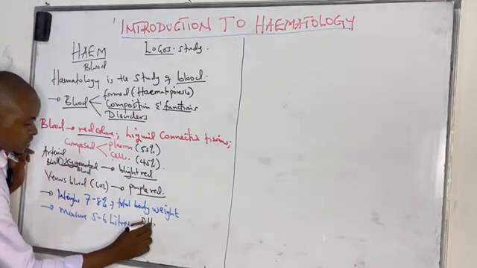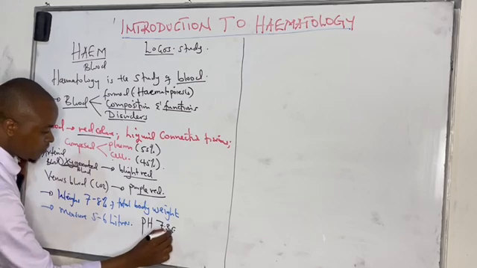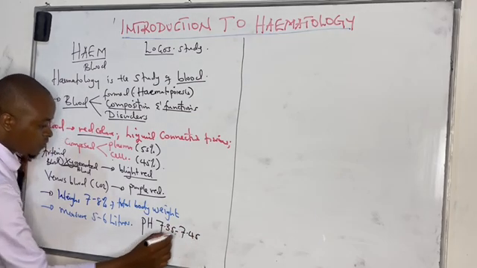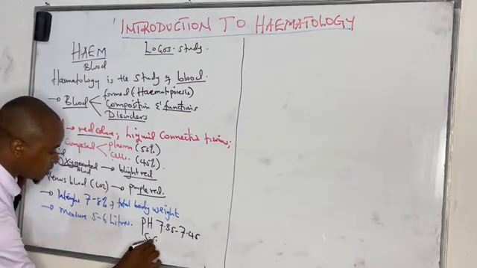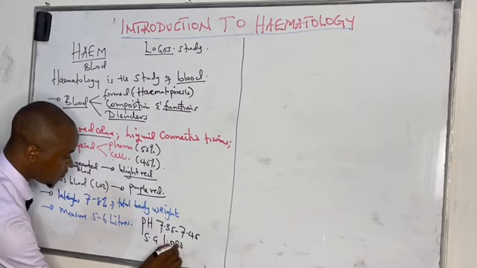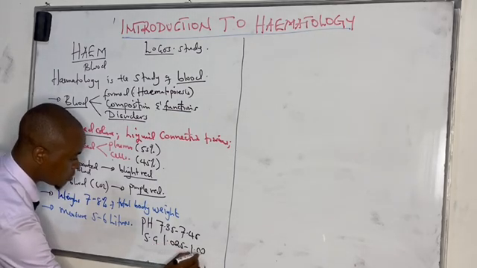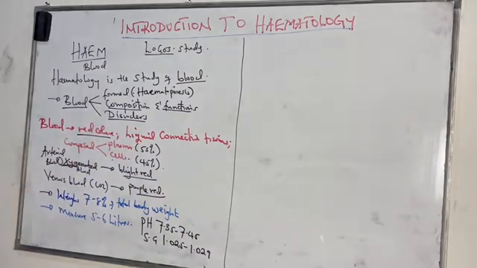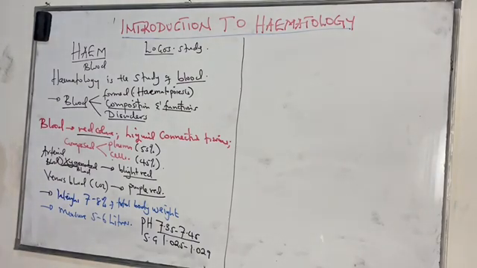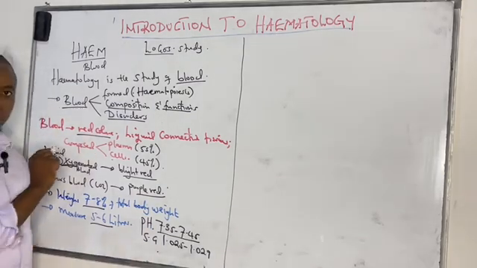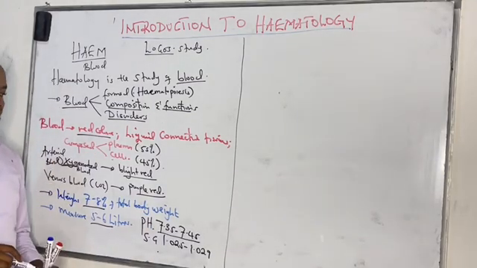Its pH is always between 7.35 to 7.45 with an average of 7.4, and its specific gravity is 1.025 to 1.029. So we have seen it weighs 7 to 8% of total body weight, 5 to 6 liters, and this is its pH, and this is its specific gravity.